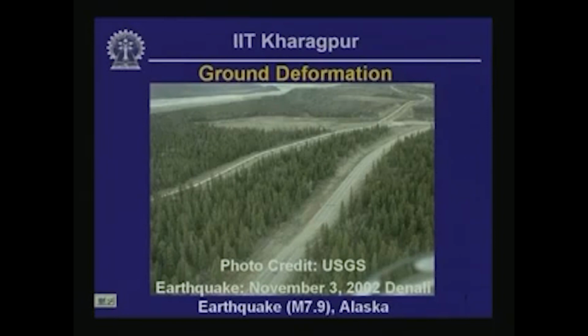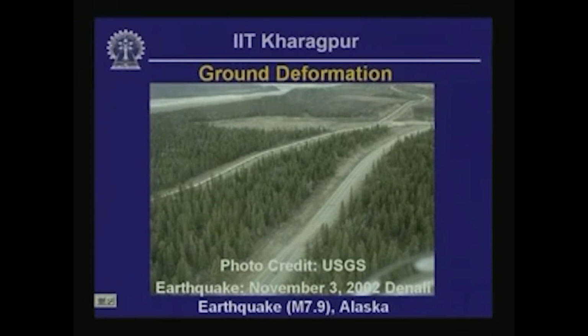It was a magnitude 7.9 earthquake that was triggered because of a right lateral strike slip fault movement, and you can see the consequences of that fault movement on the highway shown in this particular photograph.